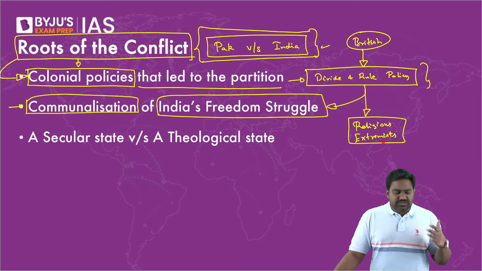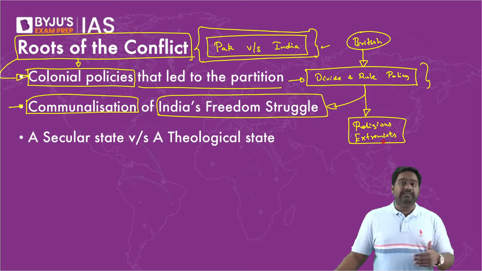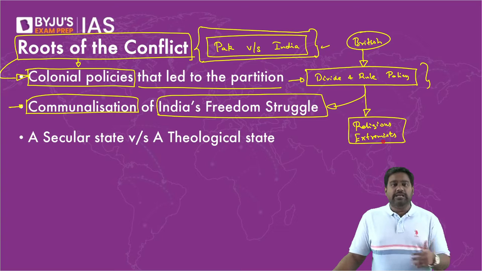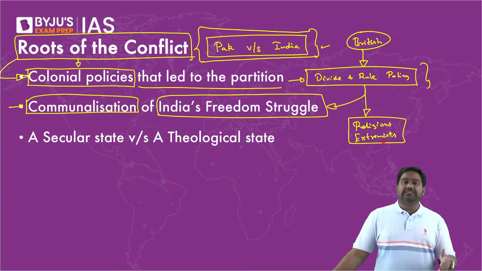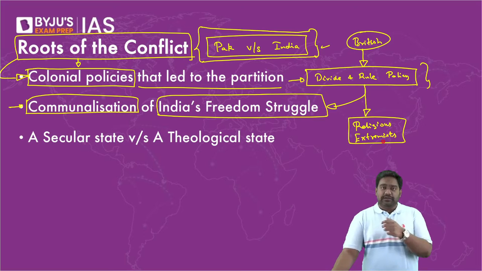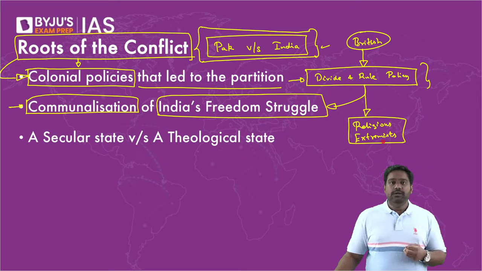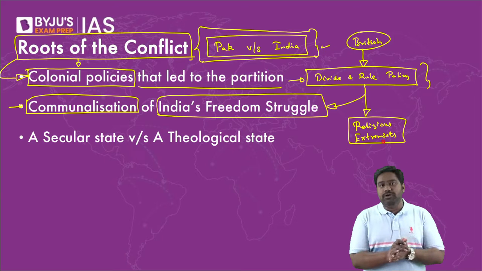So the easiest strategy for the British was to break up the society on various lines: communal division, caste division, ethnic and racial divisions. They tried this policy in other places as well, in Sri Lanka, in Africa and West Asia. They used the same strategy of divide and rule, introducing strong divides between major communities.